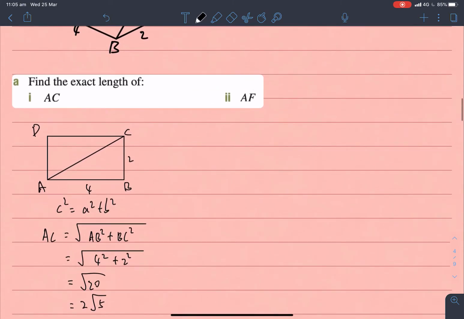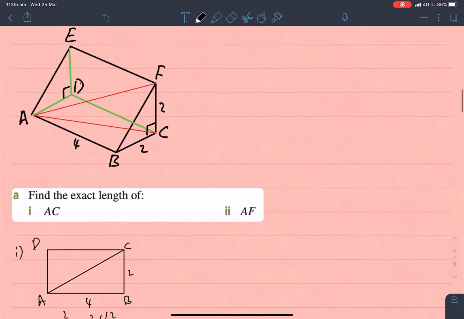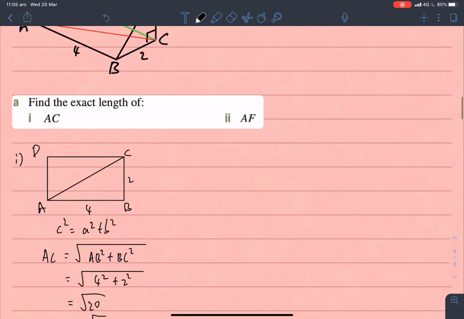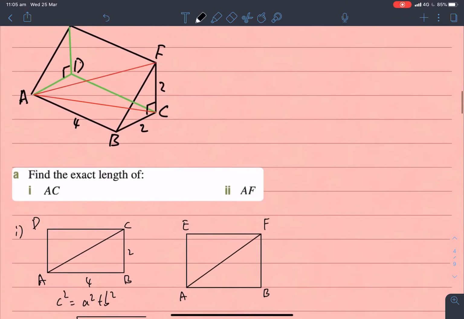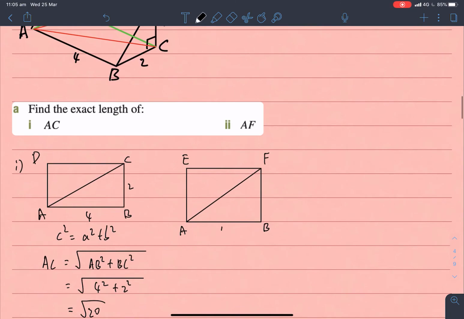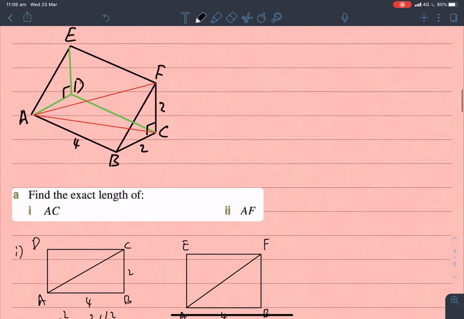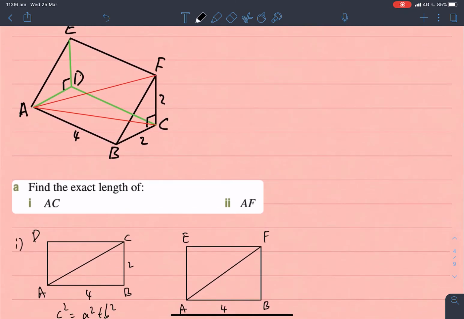Now AF. AF is on the plane ABEF, so we can draw ABEF first. AB on the bottom and EF on top. So we're looking for AF. We know AB is 4, and we need to know BF.